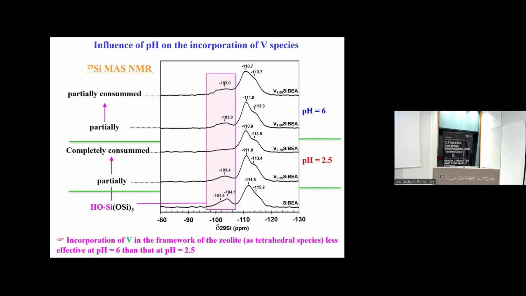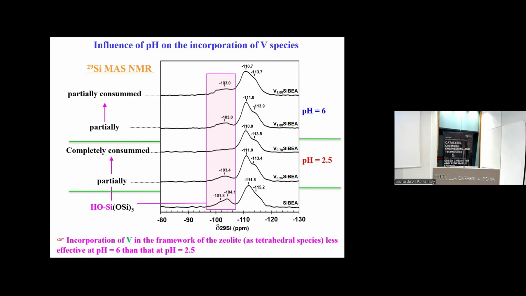Then we observe also the influence of pH on the incorporation of vanadium species using silicon mass NMR. In this condition, we observe that there is a big difference in preparation at pH 2.5, because when we prepare it at pH 2.5 and incorporate vanadium in the beta zeolite, we observe consumption of this band related with the presence of this kind of OH.